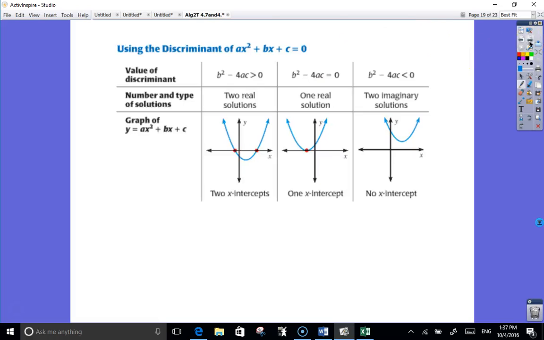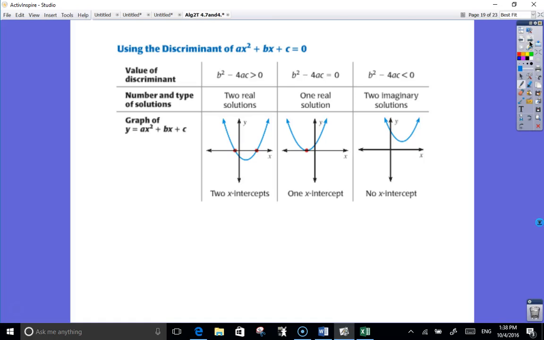Here, you can see it on this slide, using the discriminant. Notice in the top row there, b squared minus 4ac. That's the discriminant. It does not include the square root symbol at all. If b squared minus 4ac is positive, then you're taking the square root of a positive number, and you're going to get two real solutions. If b squared minus 4ac is negative, you're going to get two imaginary solutions.